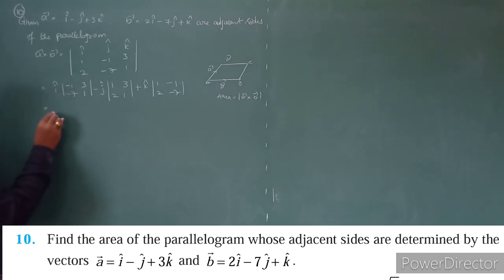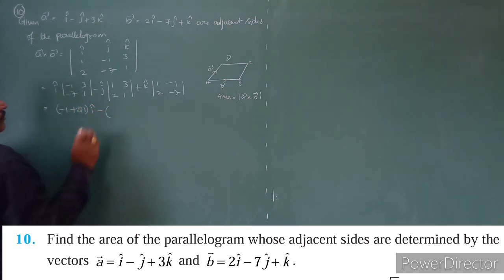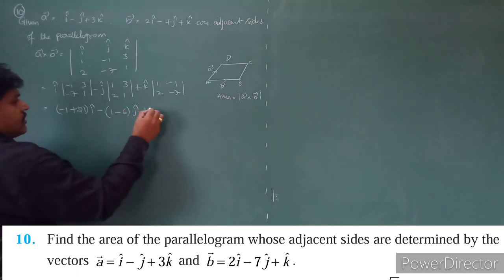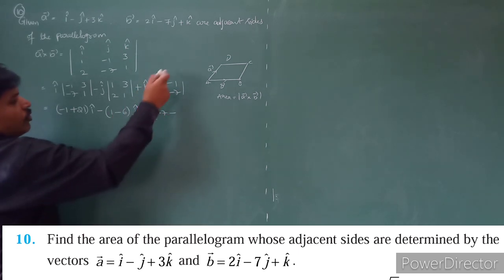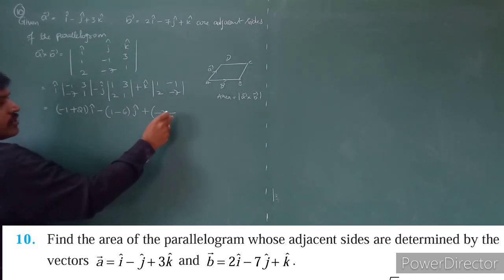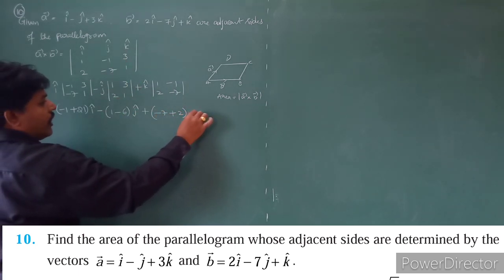So that is minus 1 minus 21, already minus is there, it will become 22 i cap; minus, 1 minus 6, j cap; plus, minus 7 plus 2, k cap.